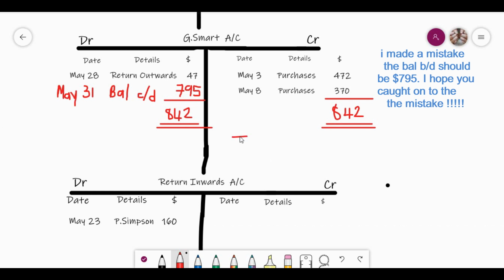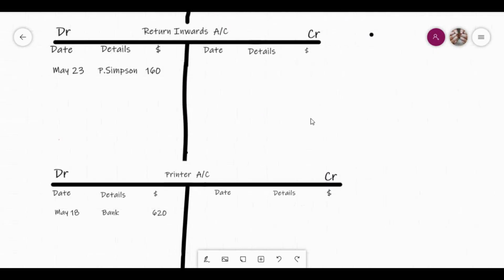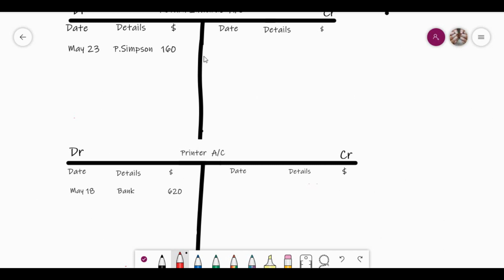Double line it and then place the BD amount and details.